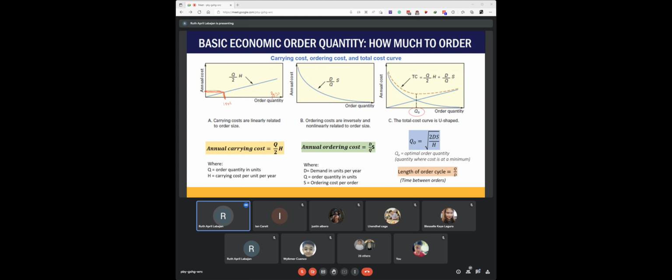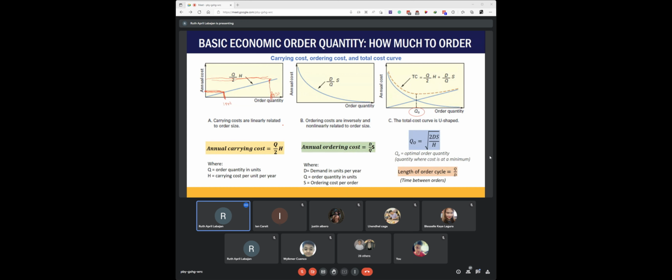But if you order a very large amount, 3,000 units, it is higher. That's very simple for carrying cost. It's linearly related to your order quantity. The higher you order, the higher your cost is. And the annual carrying cost can be calculated using this formula: your order quantity divided by 2 times the carrying cost.